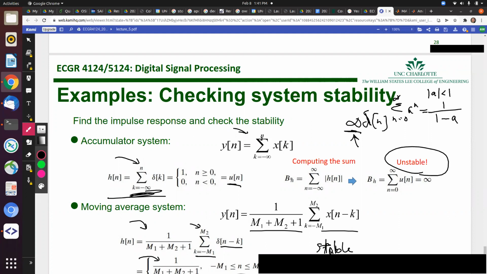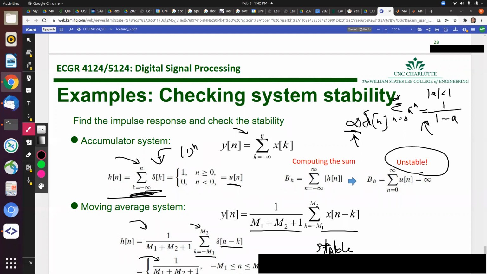So when you analyze infinite impulse response systems, where h of n is some kind of infinite length thing, you have to be very careful to look at the nature of the sum. Here you might think of this as 1 to the n, an a to the n thing. By the way, 1 to the n is always 1, so you can write u of n as 1 to the n for all n greater than or equal to 0, apply this, and find that it's going to be infinite as well.